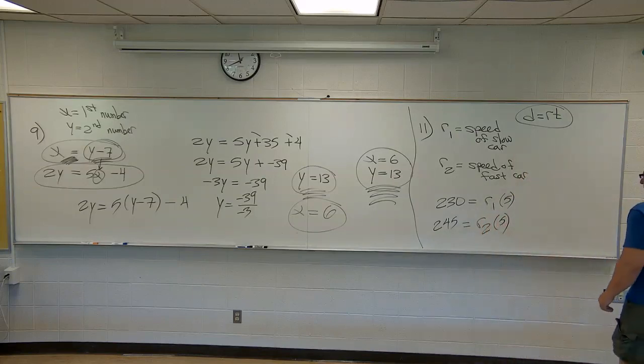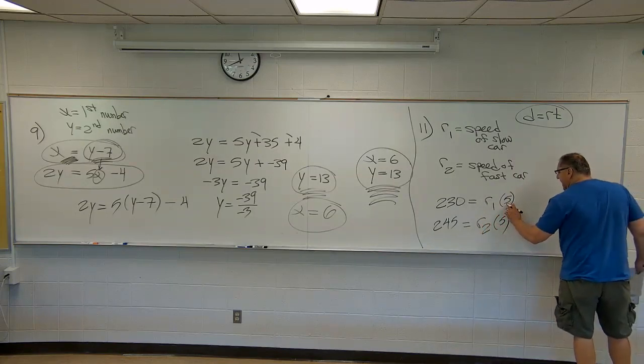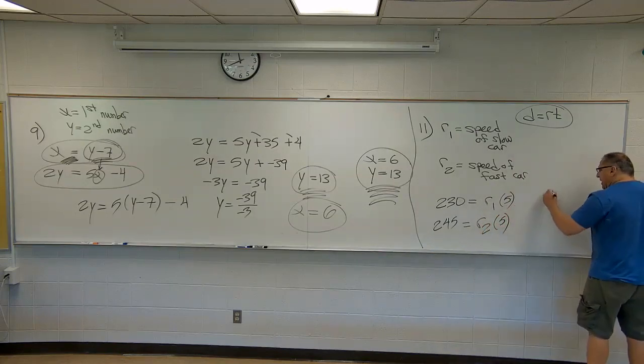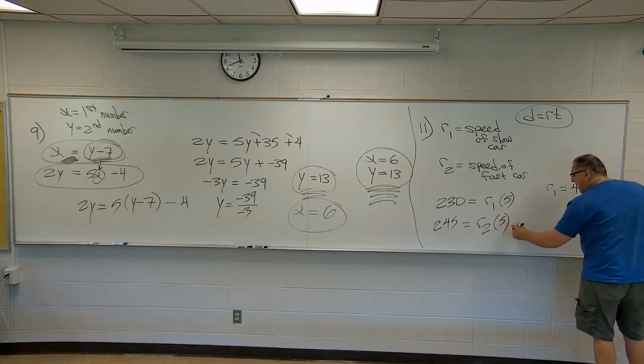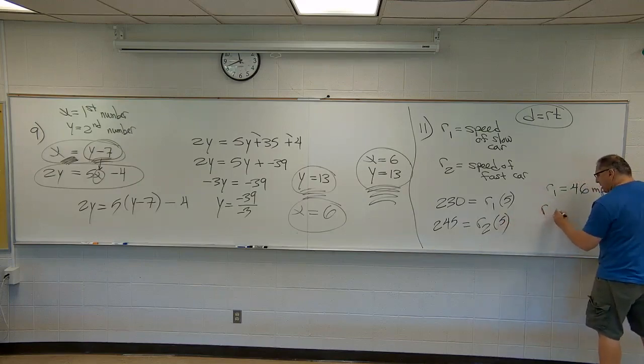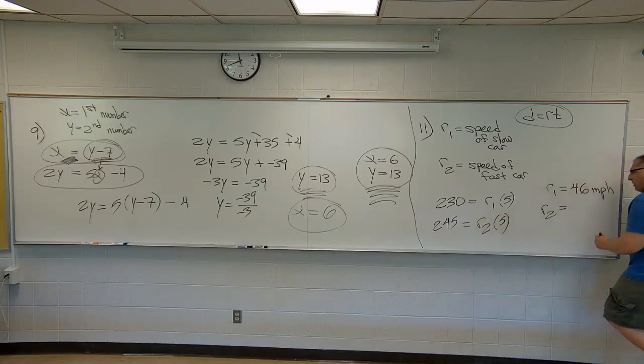That's pretty straightforward. If you divide by 5 on each side for the top one, you get R1 is going 46 miles per hour. You divide by 5 on this one, it's going 49 miles per hour.